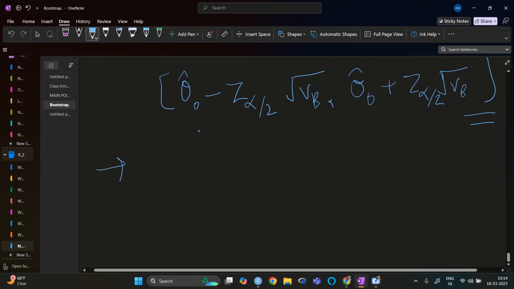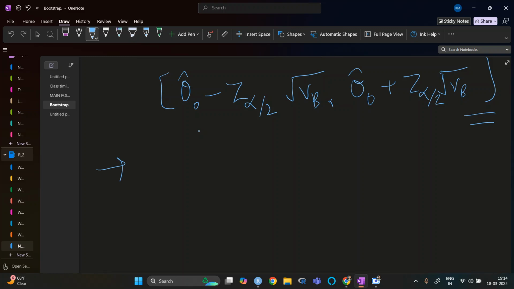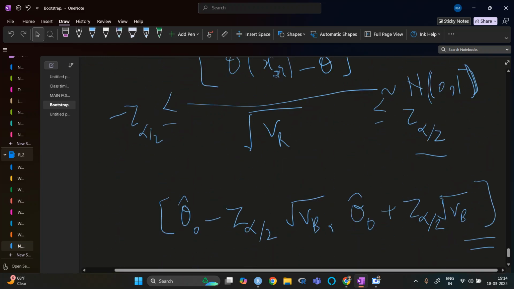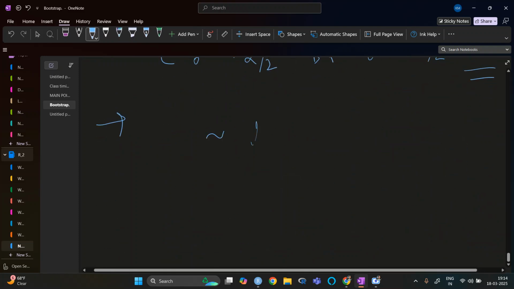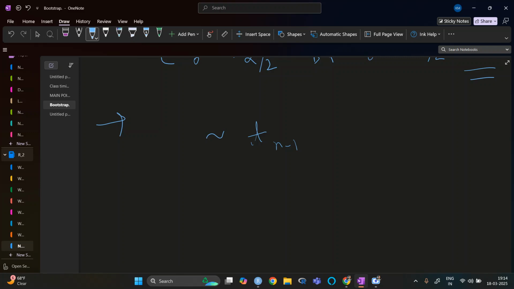For that we need to have the bootstrap statistics. I am writing in the same way. All that changes is that rather than the normal, it will follow the t distribution with degree n minus 1.